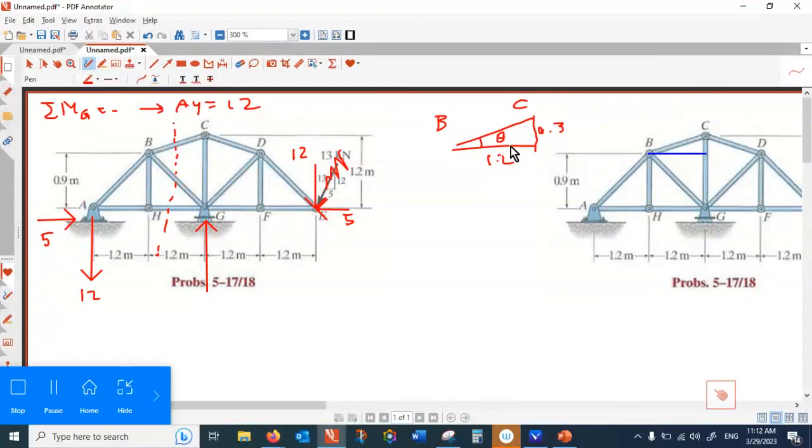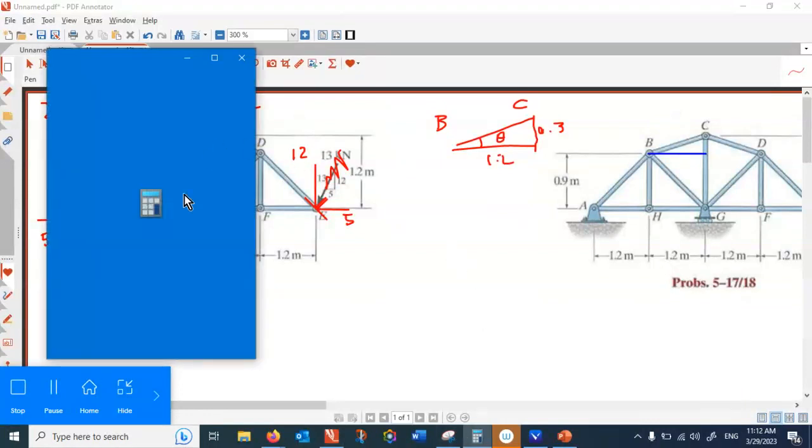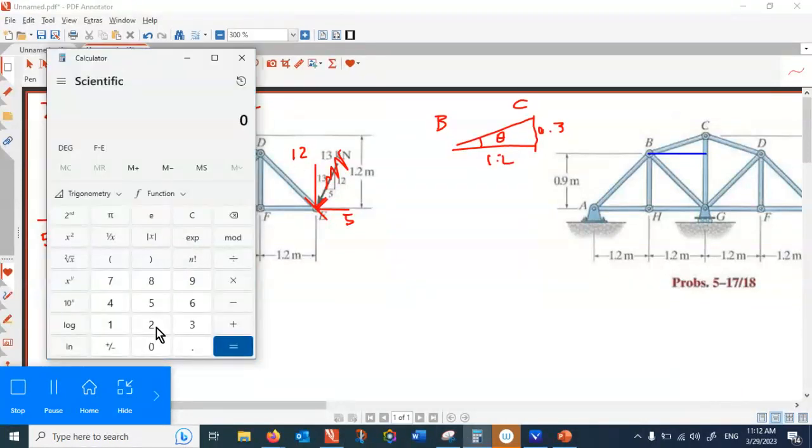So maybe no point of using the fractions, because these fractions are not round. So instead, I would calculate the angle. So 0.3 divided by 1.2, that is 1 over 4, which is 0.25.